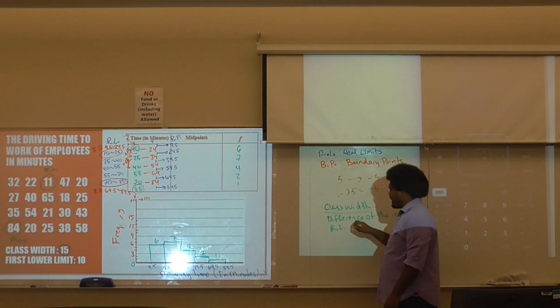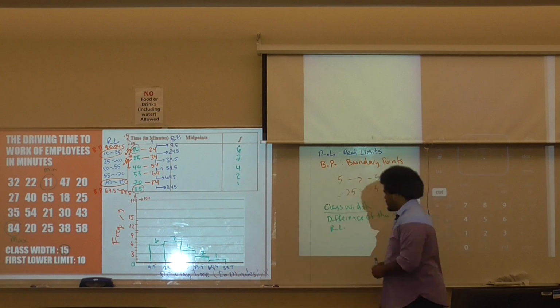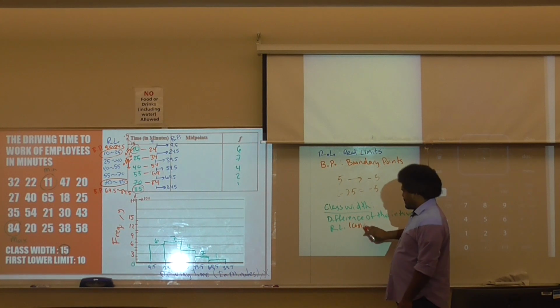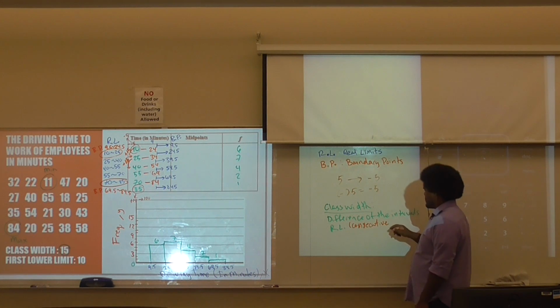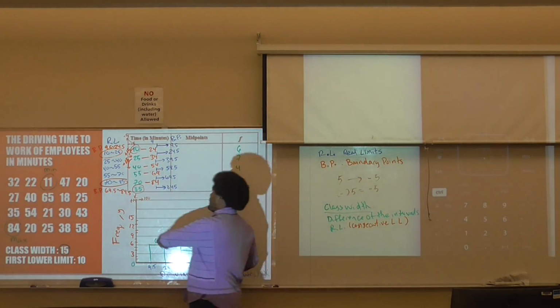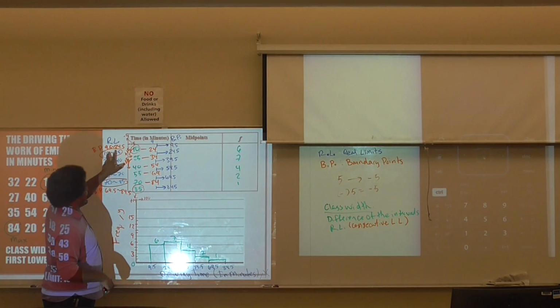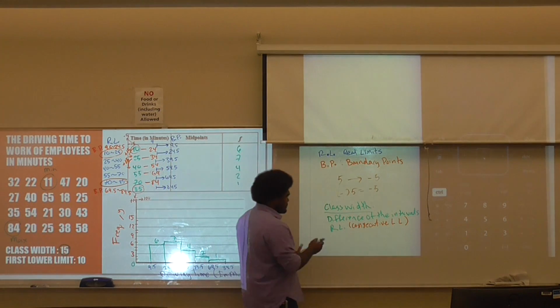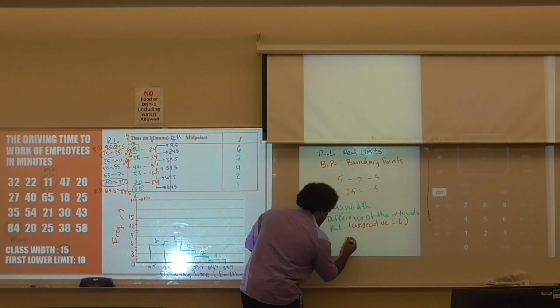I know some books might refer to it, instead of that, as the consecutive lower limits. Consecutive lower limits. Okay? Which is still the real limits, but the funniest thing is, whether it's consecutive lower limits, it happens to be the real limits either way. So either way it goes, all I'm saying here is get the larger of the two.